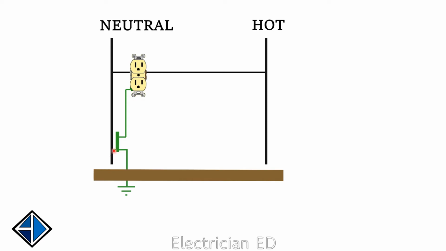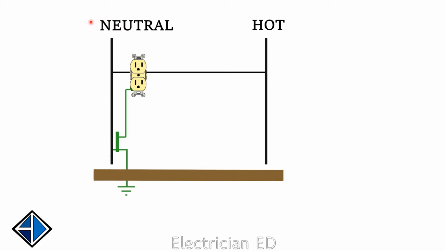This small little mark right here is the main bonding jumper between the grounding system and the grounding electrode conductor. And anything that's grounded is going to come to this point, including the grounded conductor, which is also known as the neutral. And it's known as the neutral because it's attached to the neutral point in your service transformer.